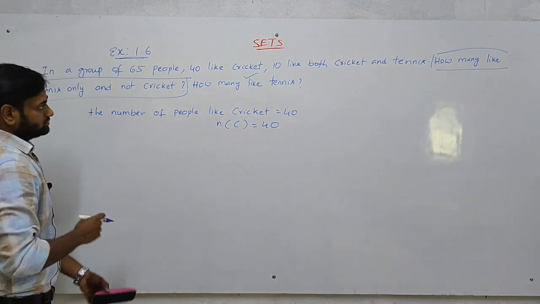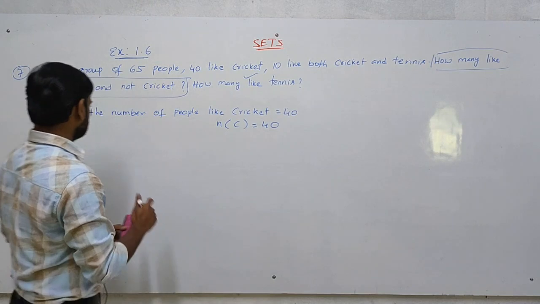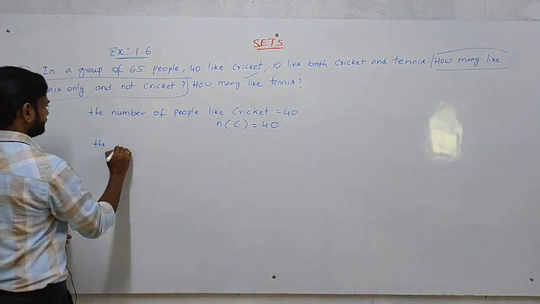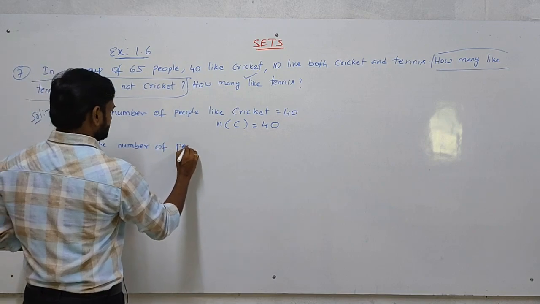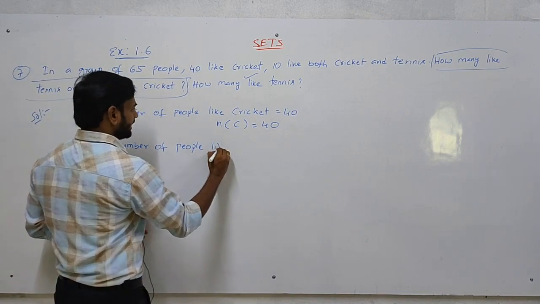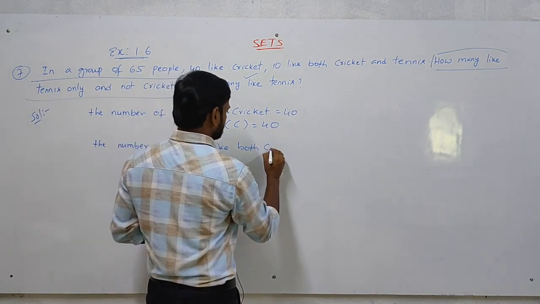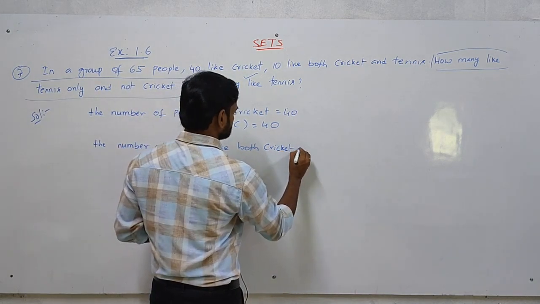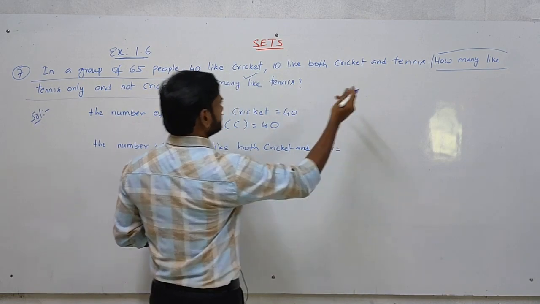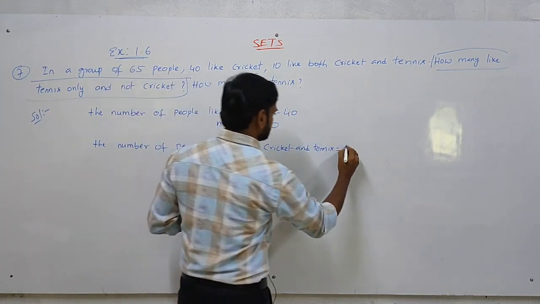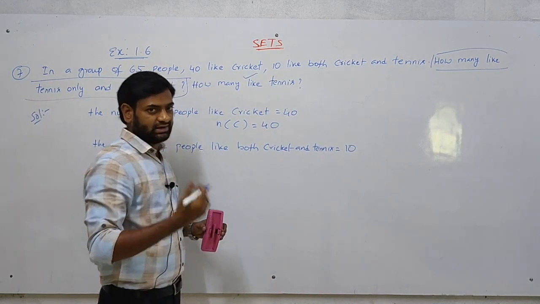Next, 10 like both cricket and tennis. The number of people who like both cricket and tennis is equal to how many? That is 10. See here, both means and.